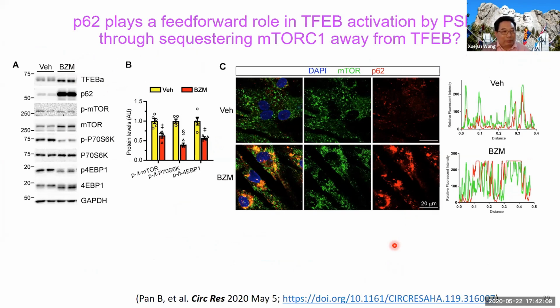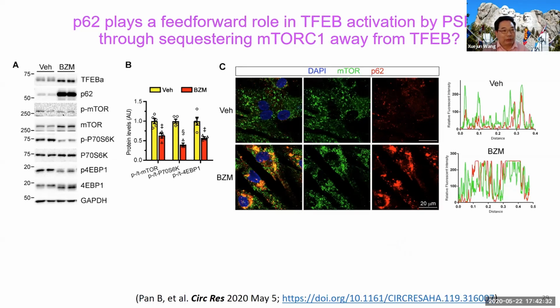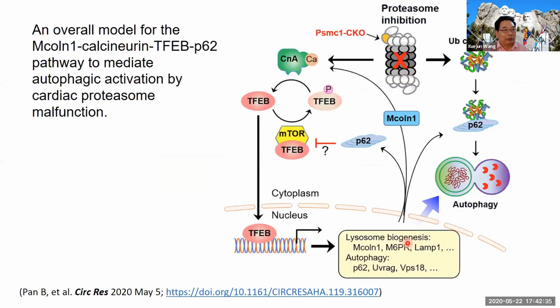So we postulated that P62-mediated protein aggregates sequester mTOR complex 1, or mTOR, into that aggregate. That will sequester mTOR away from TFEB, so it's not going to phosphorylate TFEB, allowing TFEB dephosphorylation to go in, promoting that dephosphorylation and activation. So this is the overall model for the one leg, how proteasome malfunction activates autophagy.